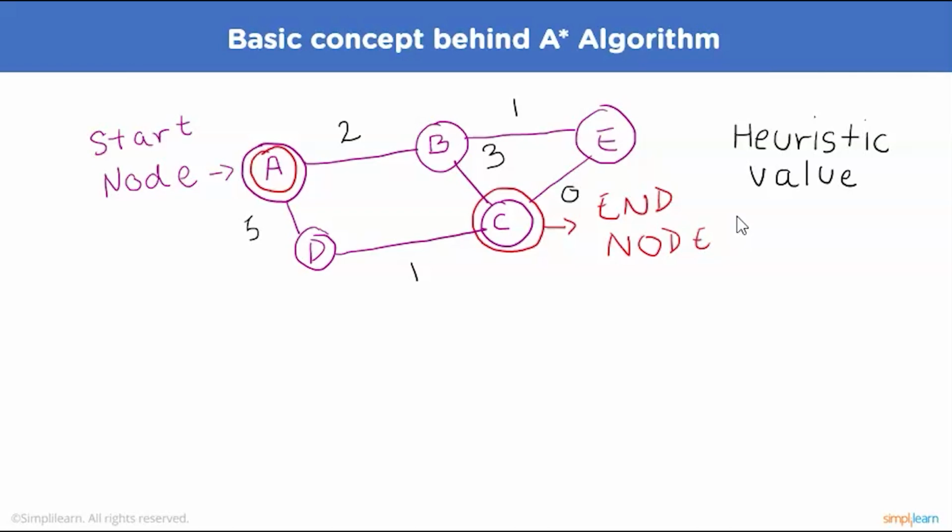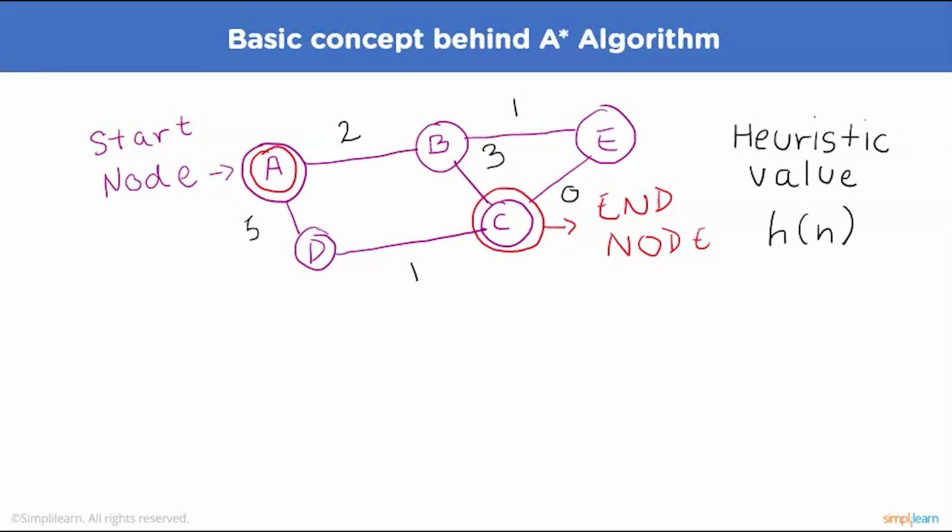The heuristic value of a node in a graph attempts to capture the importance of that node's value within that graph. So the heuristic value is nothing but an arbitrary value which is assigned to these nodes based on the programmer's whims and needs. Just like how we have the weightage of paths, the heuristic value gives us the weight of a node and tells us how expensive it is to traverse through that node. It is represented by h of n.